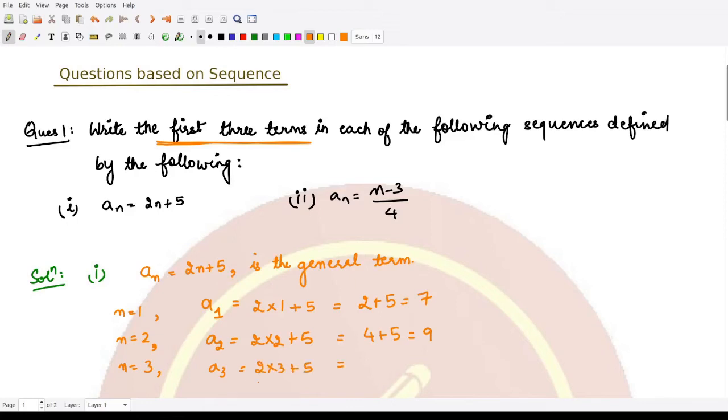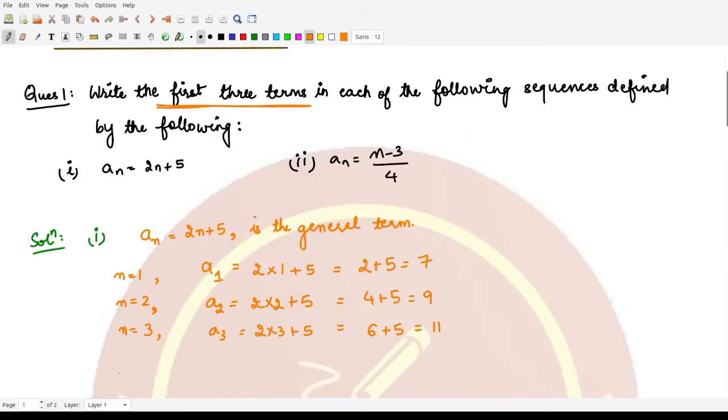Firstly we'll multiply 2 into 3, that is 6, plus 5. So our answer is 11. Hence we may write that the first three terms of our sequence are 7, 9, 11.